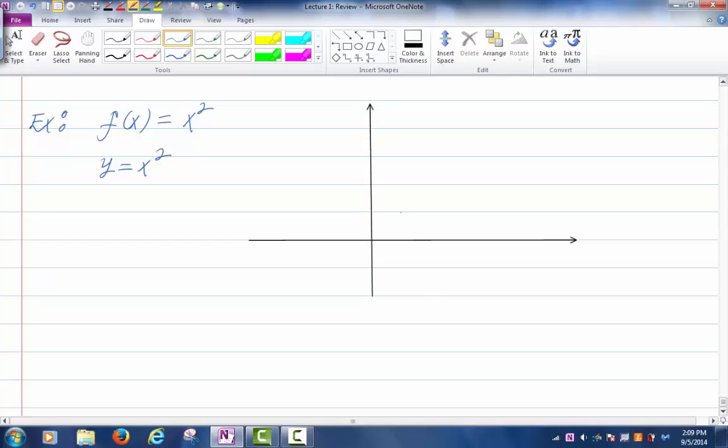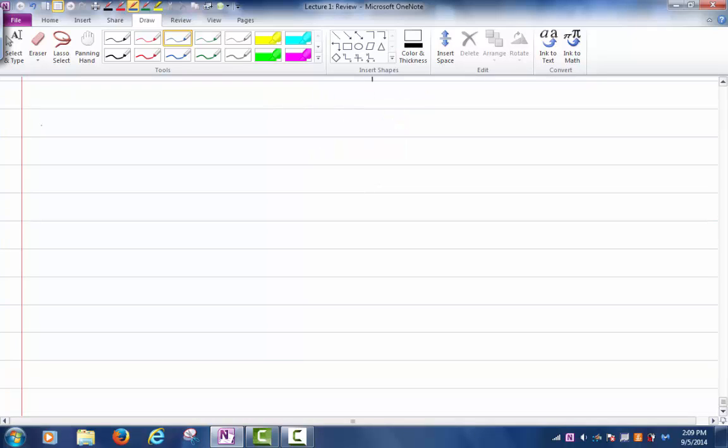It'll be a parabola. So if this is 1 here, the height at 1 would be 1. Height at negative 1 would be 1 as well. So this is 1. And basically, you get a parabola like this. So that's the graph of this function.